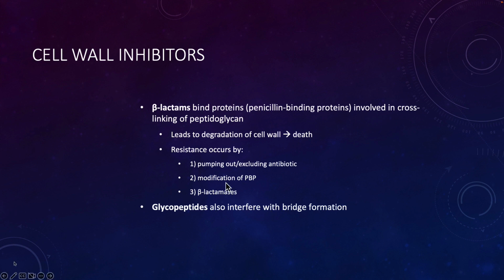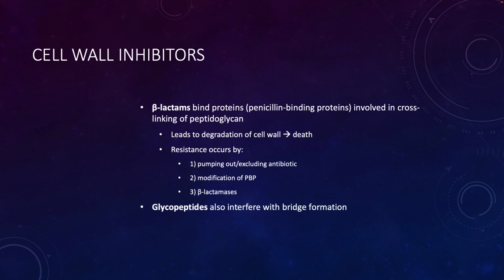Another mechanism is by modifying the penicillin binding proteins. So if the bacterium can modify the proteins in such a way that they still work to build the cell wall, but don't bind the antibiotics anymore, that works very well for them. Or they have those beta-lactamase enzymes that just cut up the antibiotic and prevent them from working.